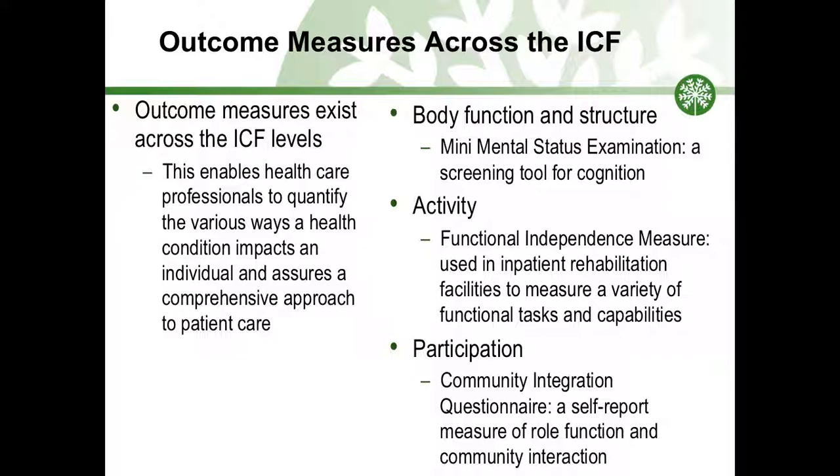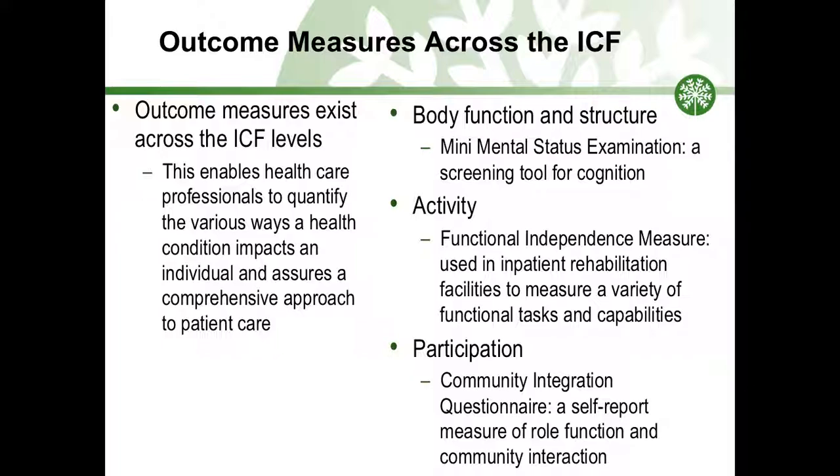So again, the ICF, the International Classification of Functioning, in the checklist, really wants to talk about the way that all of these different things interact with each other. So just to show you, there are different outcome measures. For example, for body structures and functions, there's a Mini Mental Status Examination, which can be a screening tool for cognition.